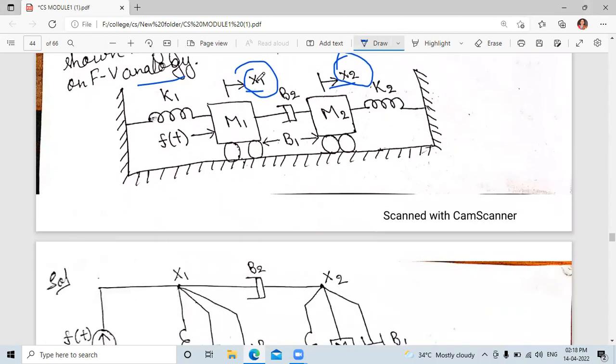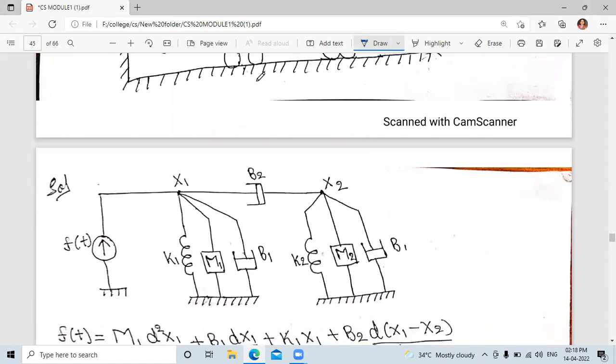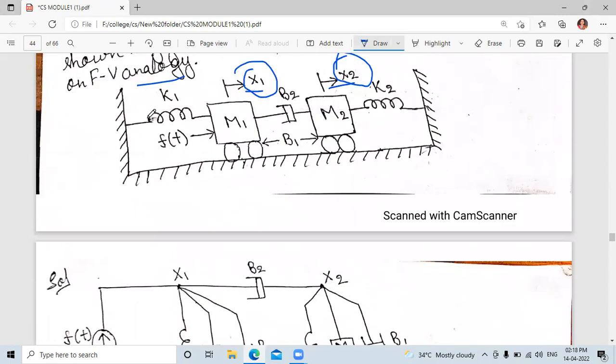So for x1, how many connections are there? K1 is connected, F of t is connected, M1 is connected, and B1 is connected. And for x2, B2 is connected, M2 is connected, B1 is connected, and K2 is connected.